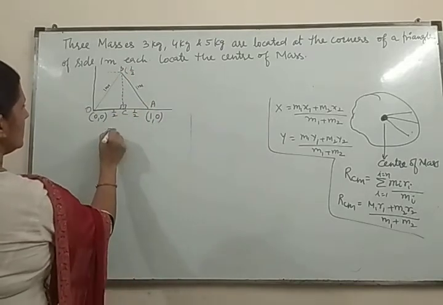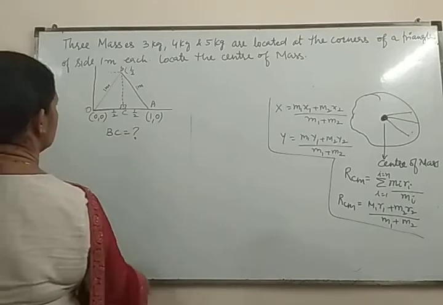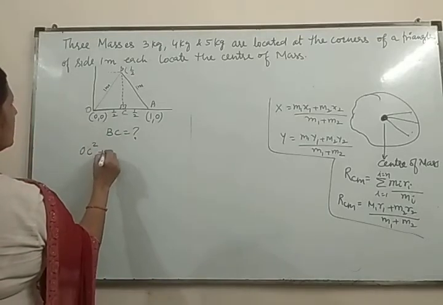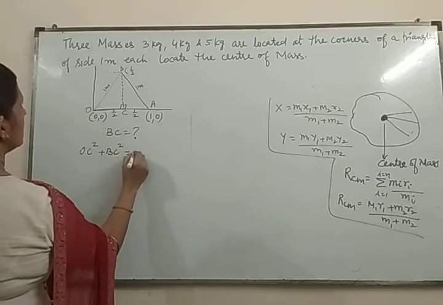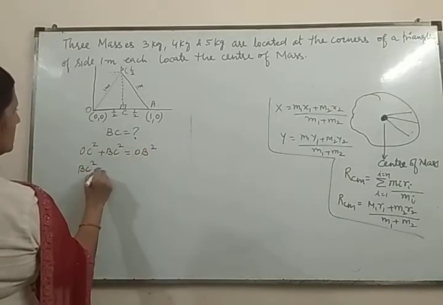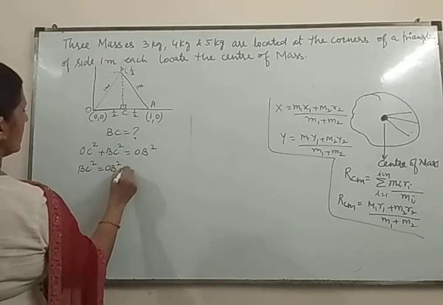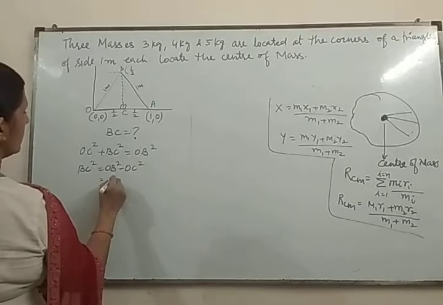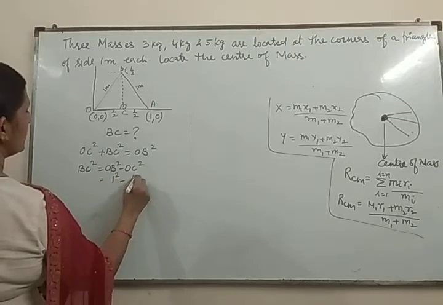You don't know BC. So first of all, find the value of BC by Pythagoras. OC square plus BC square is equal to OB square. So BC square is OB square minus OC square. OB is 1, so 1 square minus half square.